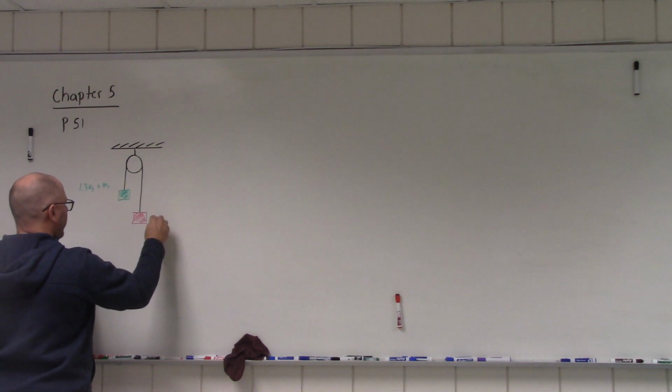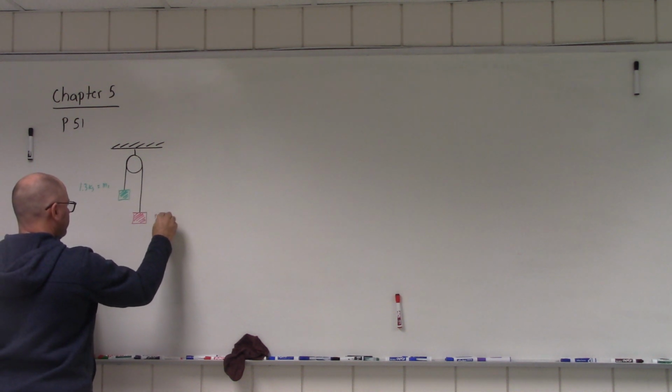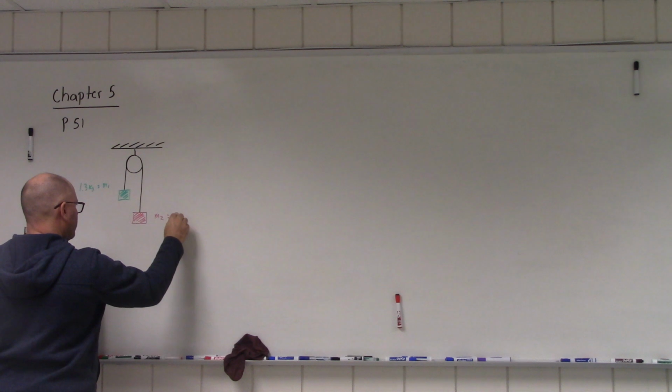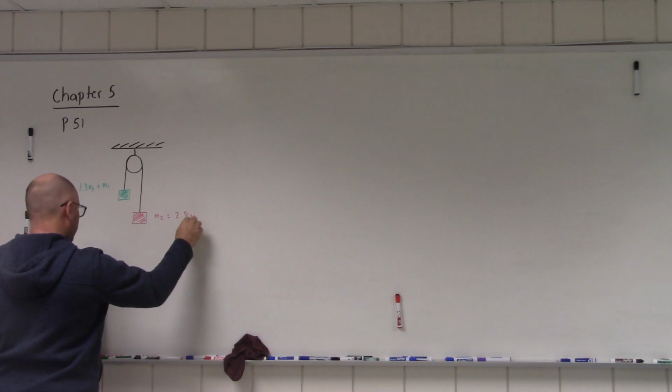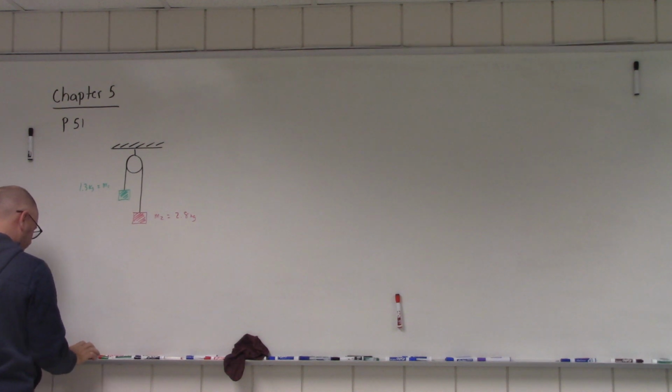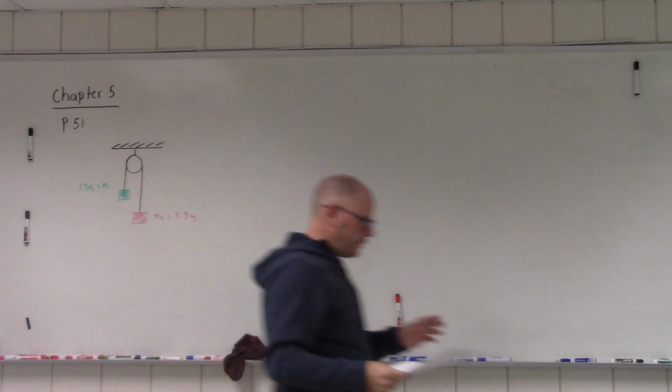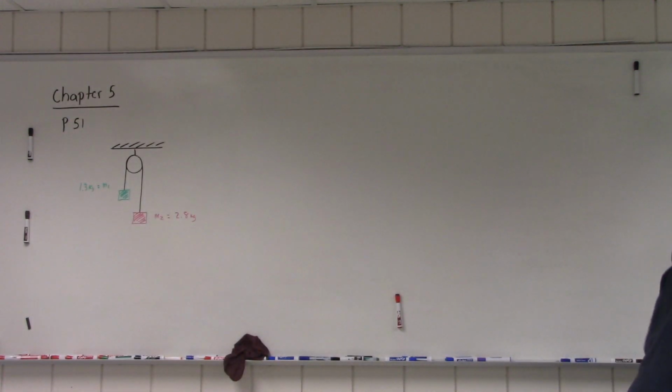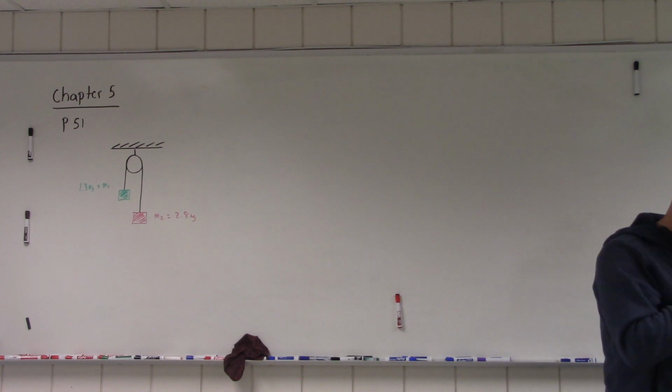This is M2 over here, and its mass is equal to 2.8 kilograms. So these are important, okay? And the question says, what's the value of the acceleration and what's the tension in the cord?